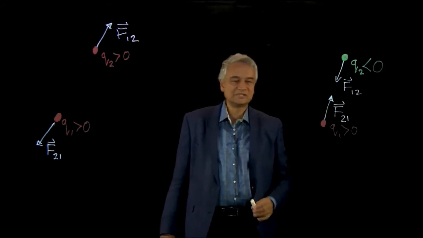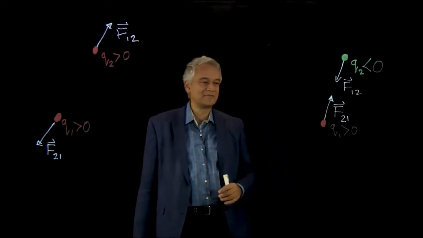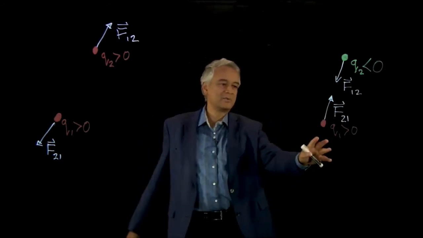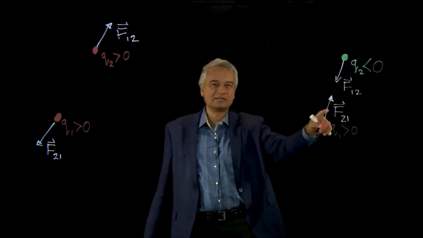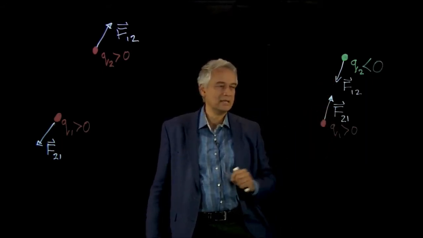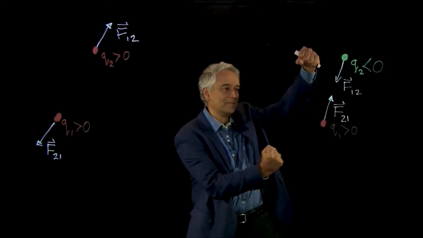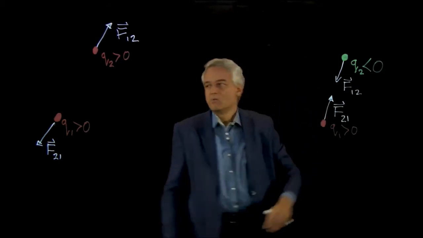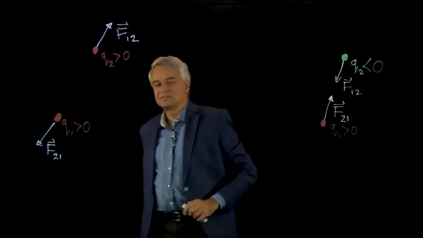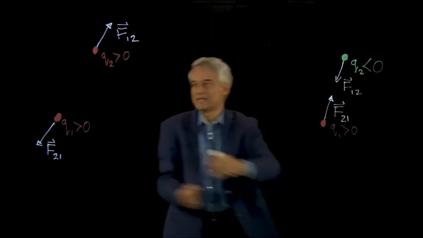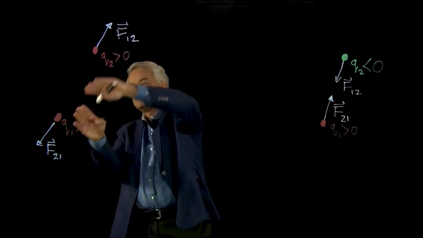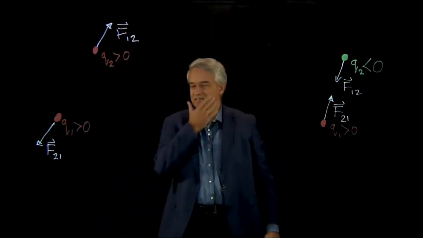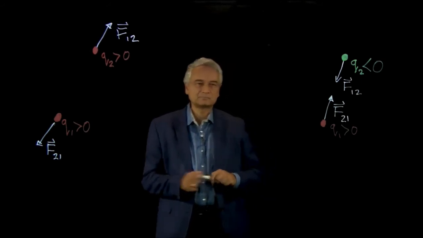But the central difference between electric forces and gravitational forces is that in gravity, the vectors always point like this. Gravity always sucks. Gravitational forces can only ever be attractive. Whereas in electromagnetism, electric forces can be attractive like here, but they can also be repulsive like here. This possibility does not exist on the gravitational side.